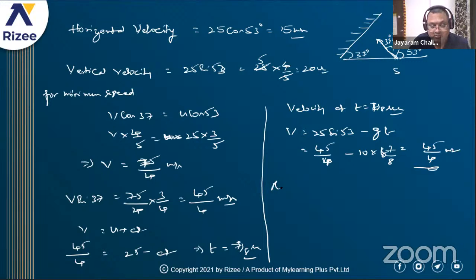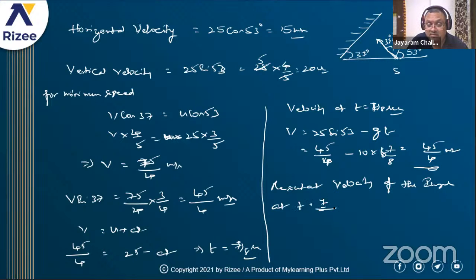Now the resultant velocity of the image at time t is equal to 7 by 8. So this is the condition.